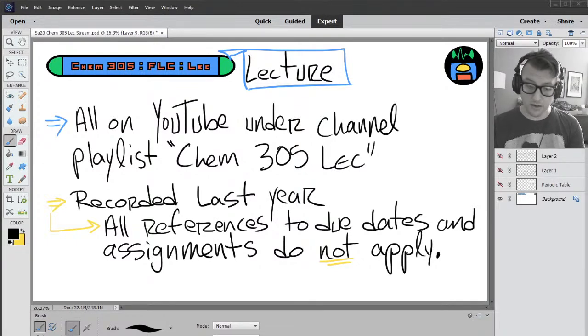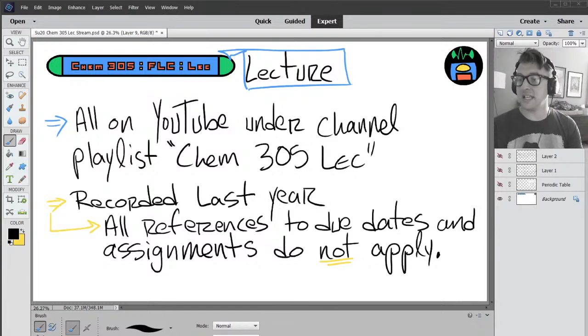The other reason references to the assignments don't apply is I've changed some of them. There were some exams where too much time was given, some where too little time was given. So I've altered the assignments from last summer to this summer. So if I say anything referencing last summer, it does not necessarily apply here. Again, always consult the syllabus and our current Canvas page for relevant information concerning due dates and assignments.